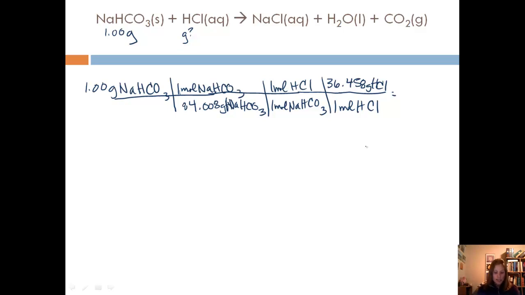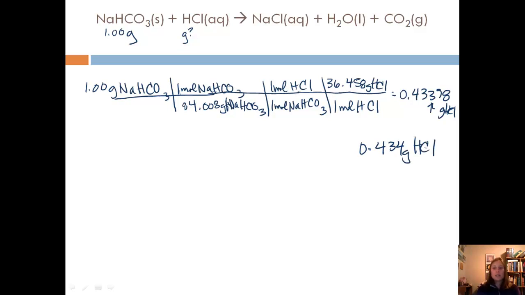So let's take our 1 divided by 84.008. 1 to 1, so we don't need to multiply or divide anything there, and then times 36.458 because that's on top. So we get 0.43398 grams of HCl. Looks like we had 3 significant figures, so 0.434 grams of HCl for the sodium bicarbonate.